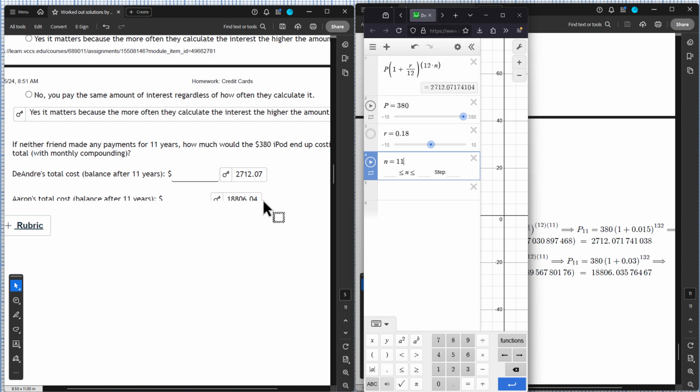And Aaron's, I believe, is at 36%, and I end up with $18,806 there.